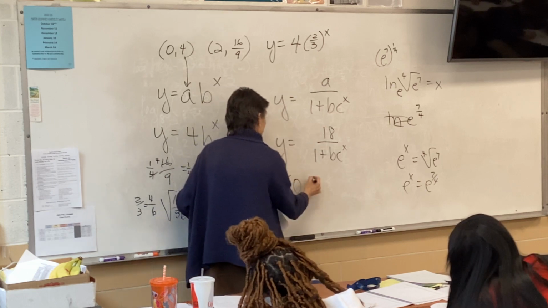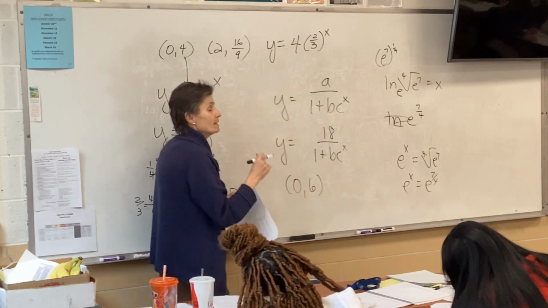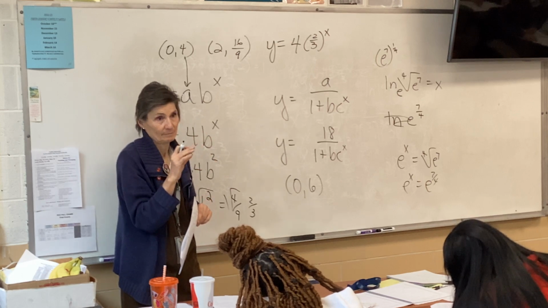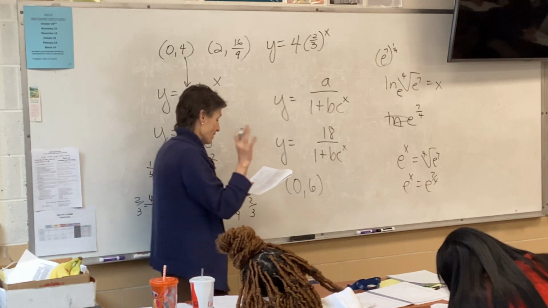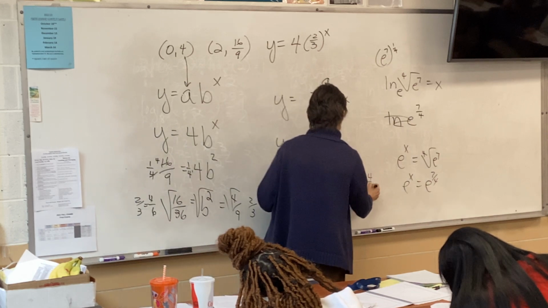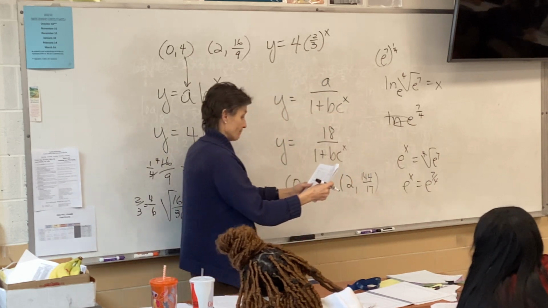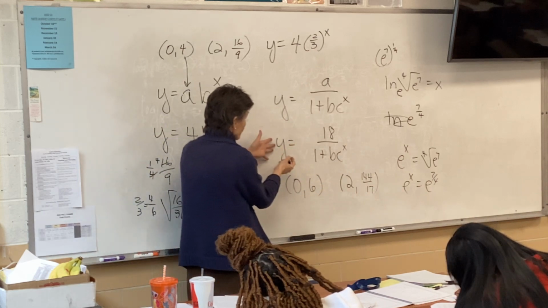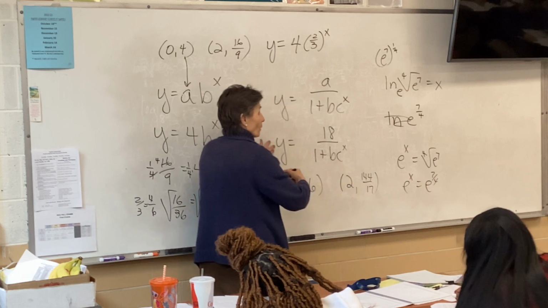Please remember, the initial value is the y-intercept. It's (0, 6). And I also have this number, 144/17. I'm reading it right. So I have this so far, plus I have these 2 points.